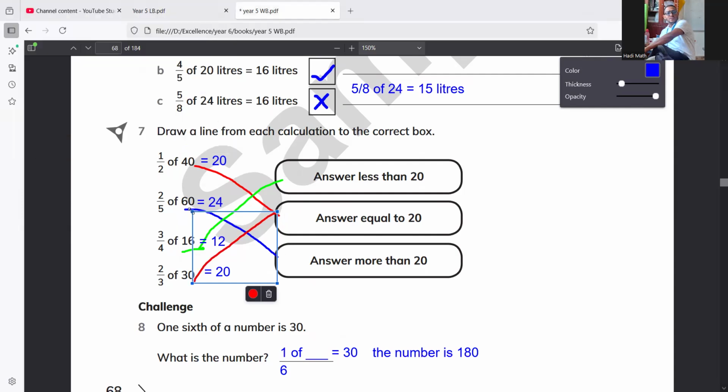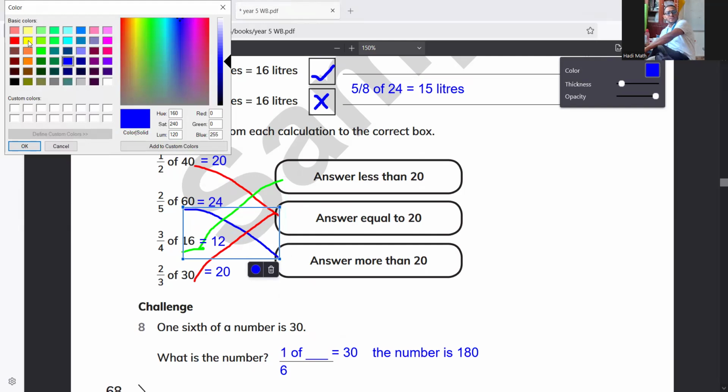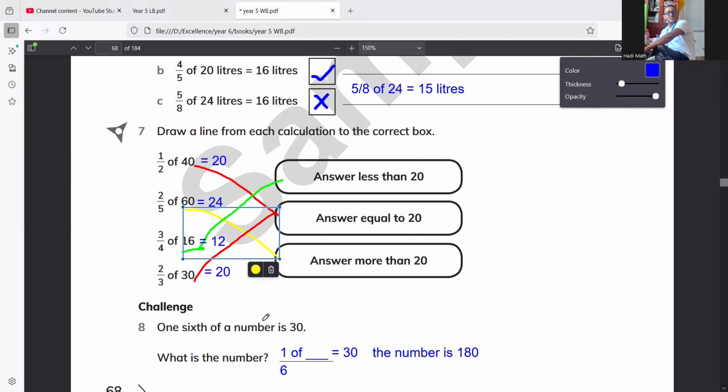Okay, and then I go to this one and make it, for example, yellow. So you could have different colors and the answers will be clearer.